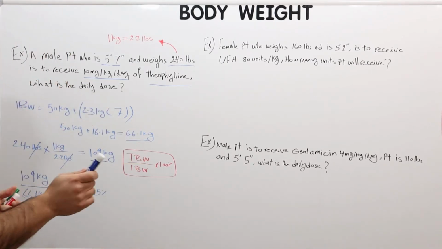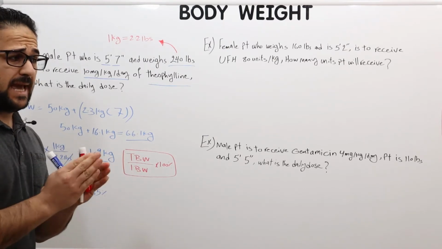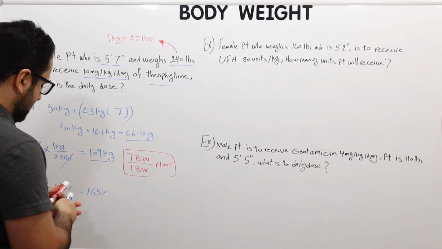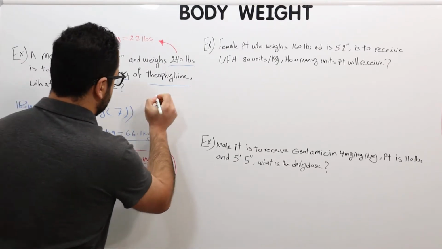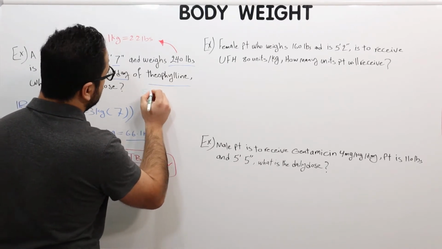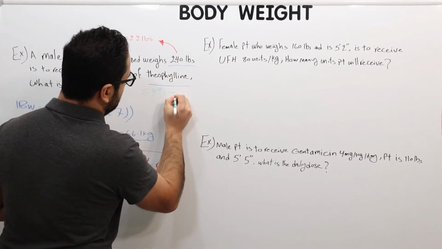And what we said from yesterday is that anything below or equal to 89%, the patient is underweight. Let's write it over here. Anything equal to or less than 89%, the patient is underweight.